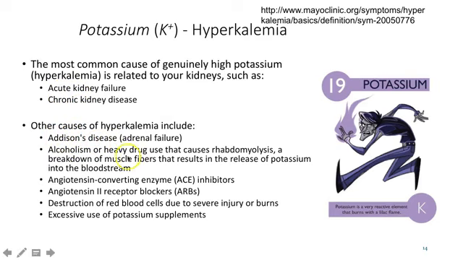Alcoholism, or anything that causes the breakdown of muscle fibers, causes the release of potassium into the bloodstream. Sometimes those angiotensin converting enzyme inhibitors will cause high levels of potassium. Again, angiotensin 2 blockers can also cause that. Destruction of red blood cells, or just sometimes people take way too many supplements.